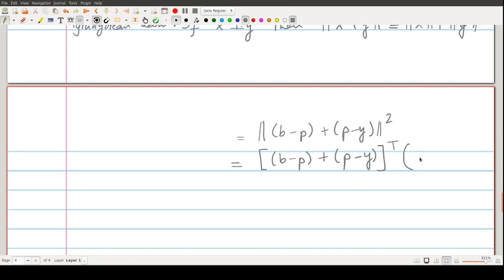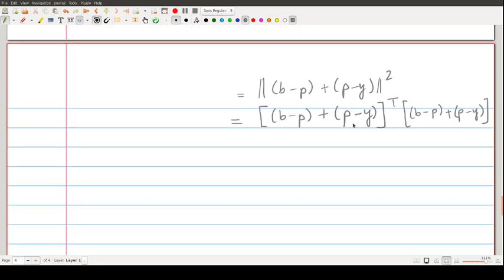So multiplied by the same vector again, b minus p plus p minus y. Okay, and so what does that get me?